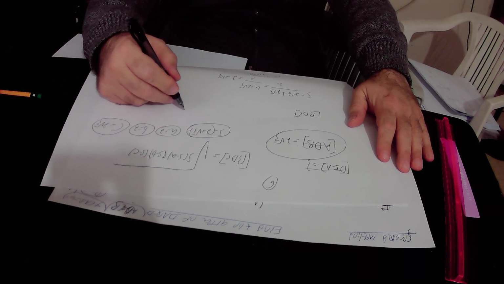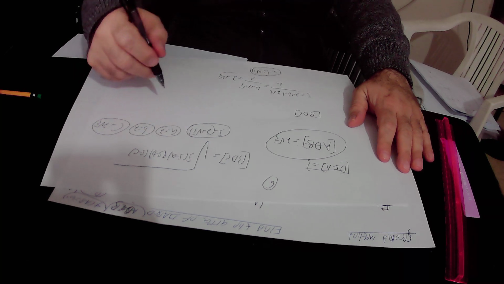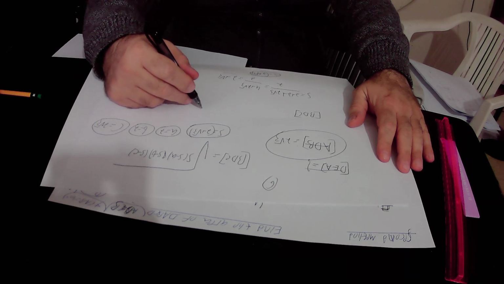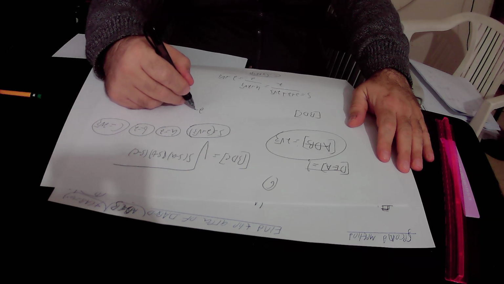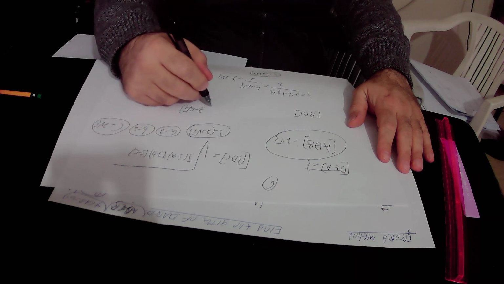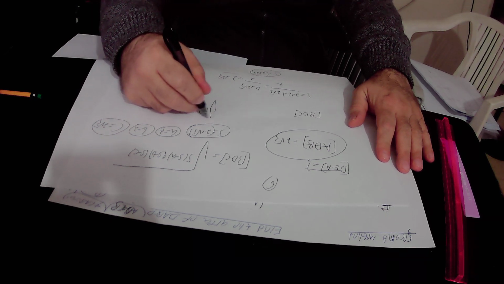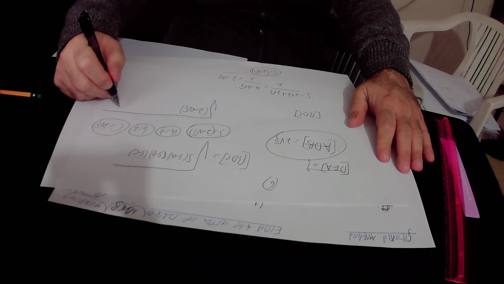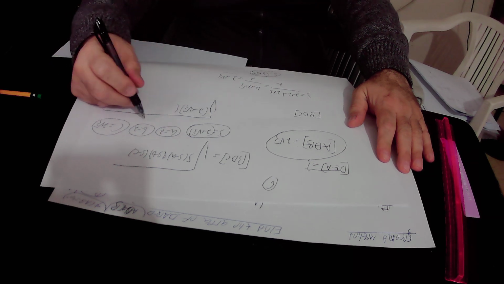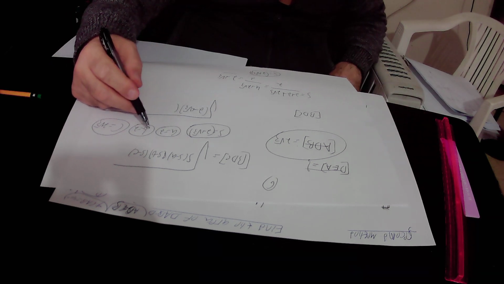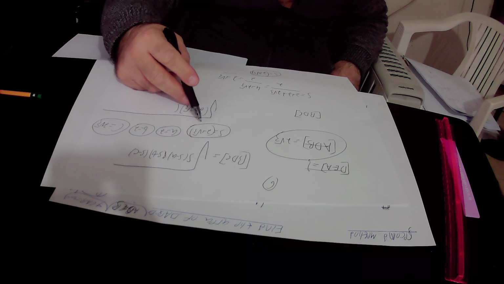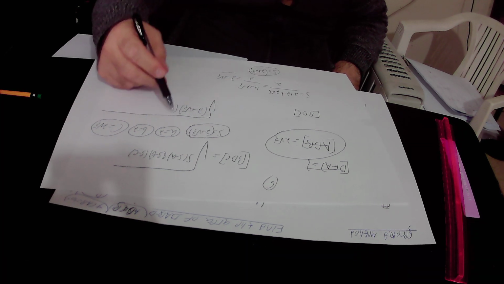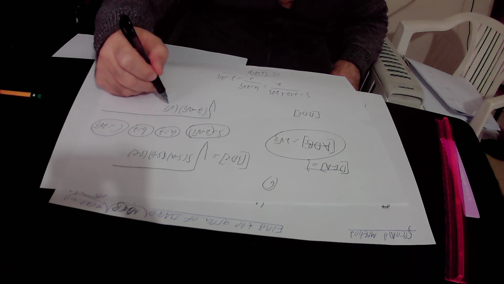of triangle BDC. We will get that the area of triangle BDC equals the square root of S, that is 2 plus square root of 3 units, all inside the root. S minus A is 2 plus square root of 3 units minus 2, which is square root of 3 units.